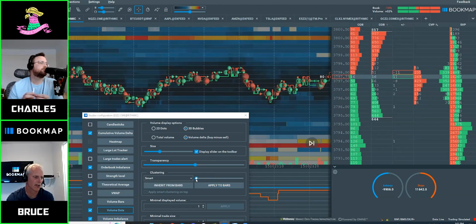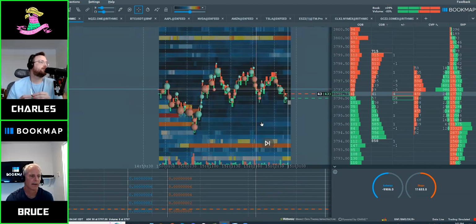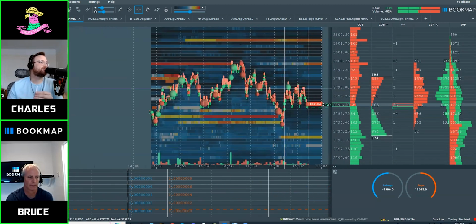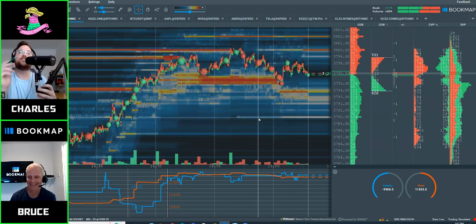As soon as I start to cluster it, you see how it starts to take away, kind of like water droplets attracted to a bigger drop. It almost simplifies it to being more visually easy to understand. Exactly, so that's what the clustering does. That's very cool. Man, there's so many settings in this thing. Yeah, there are.